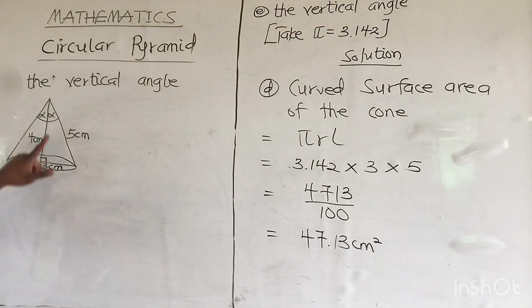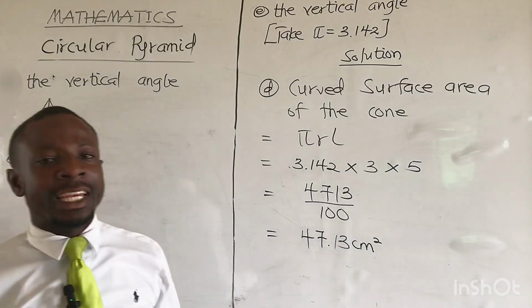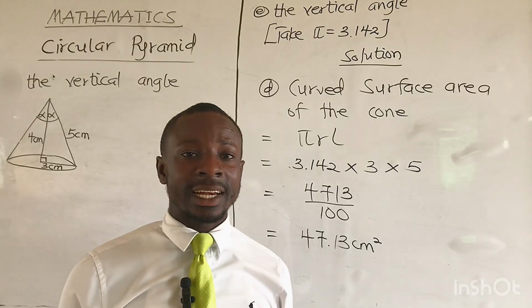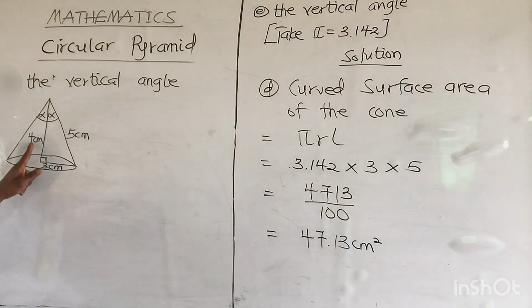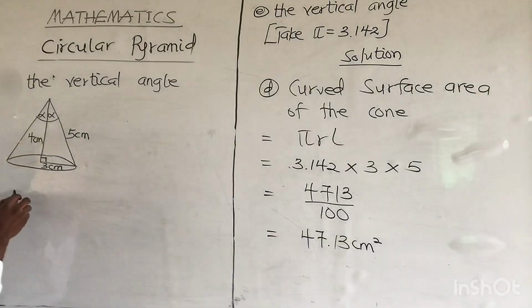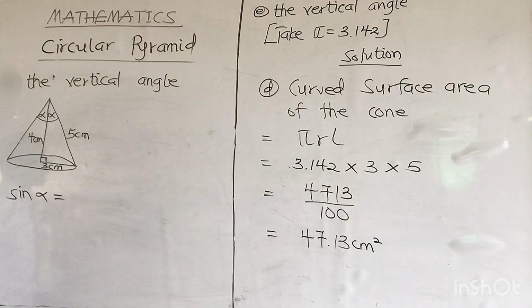So from here, in looking for this angle, we can use any of the trigonometric ratios, whether cos, sine, or tan. Any of them can be used because we have all the 3 sides of the right angled triangle. So I'm going to use sine to solve for this. So I have sine alpha is equal to, we know that sine is opposite over the hypotenuse.